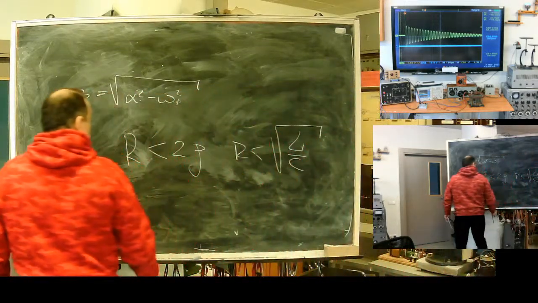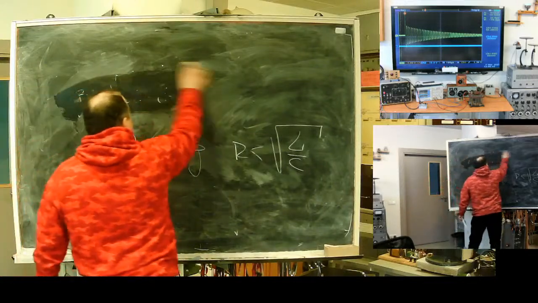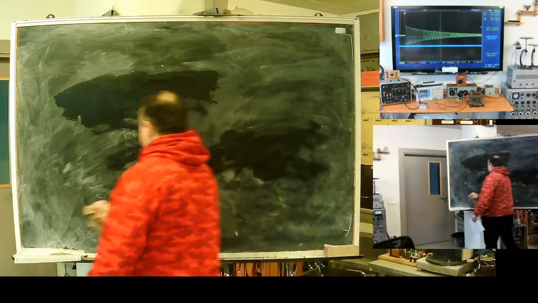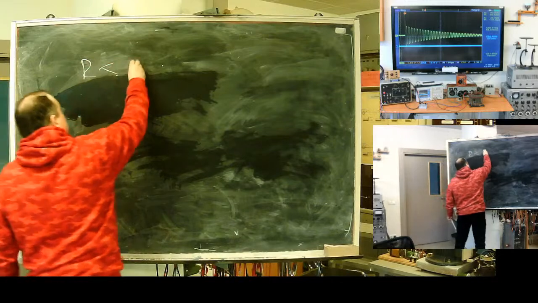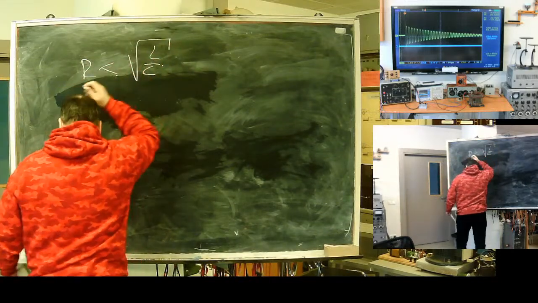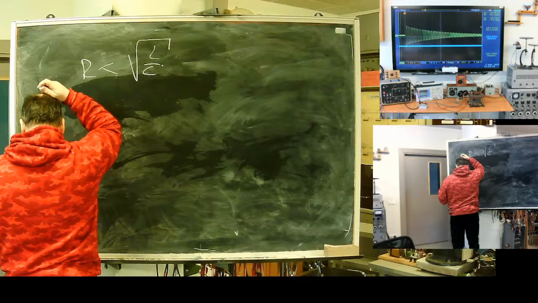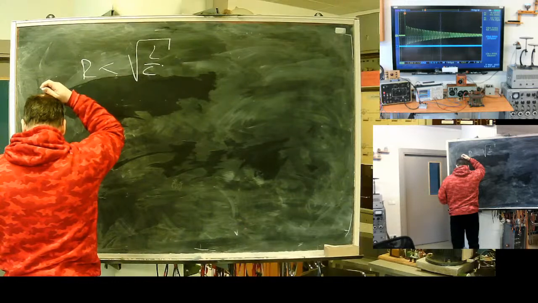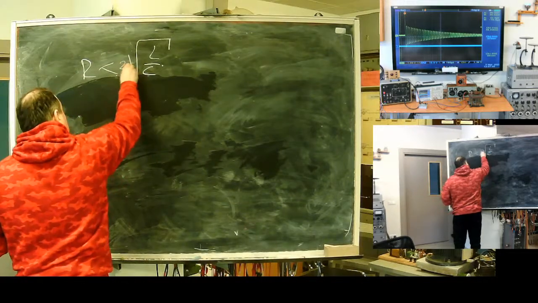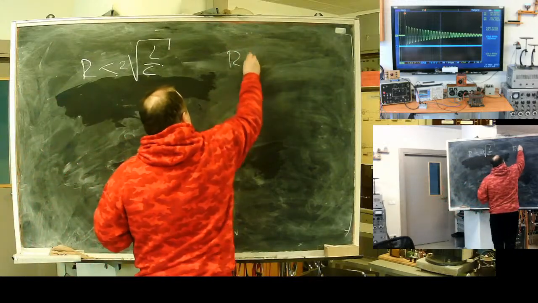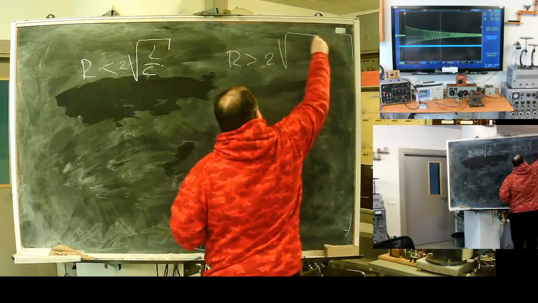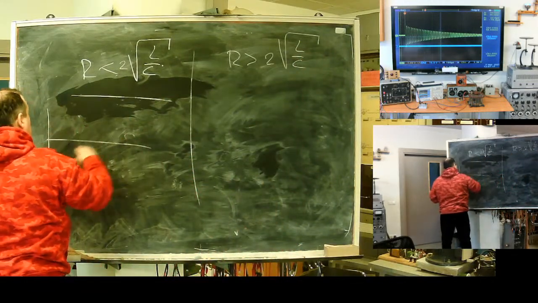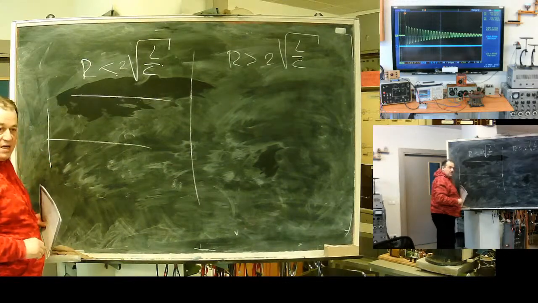So, if R is lesser than the square root of L divided by C... one second, I need double. R greater than double the square root. In this case, lambdas are imaginary.